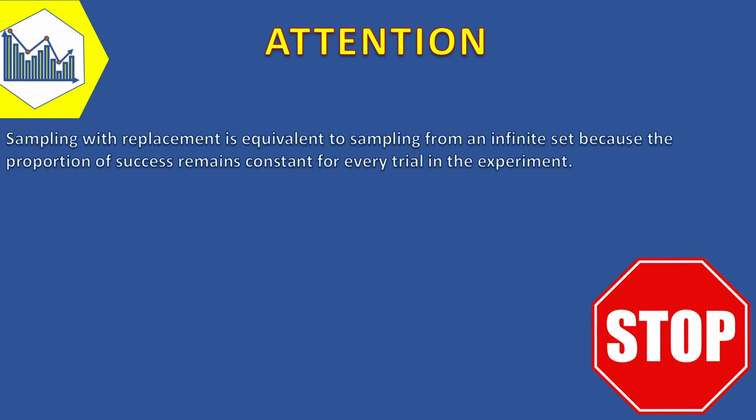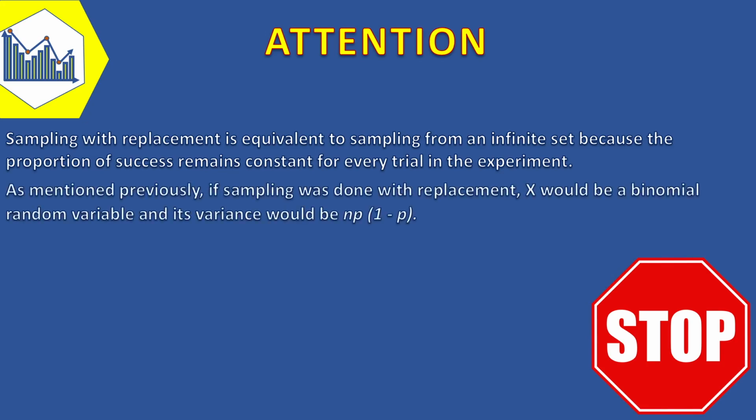Sampling with replacement is equivalent to sampling from an infinite set because the proportion of success remains constant for every trial in the experiment. As mentioned previously, if sampling was done with replacement, x would be a binomial random variable and its variance would be n times p times 1 minus p.